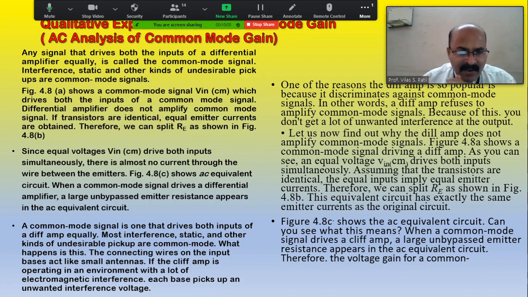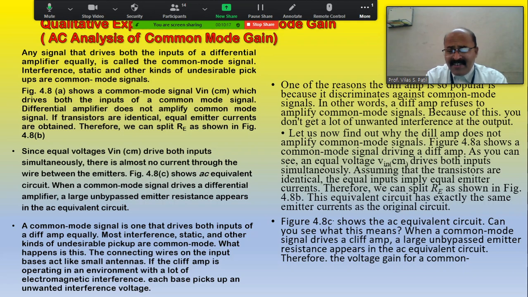Any signal that drives both inputs of the differential amplifier equally is known as a common mode signal. Consider that this operational amplifier is operating near the NH4 highway.